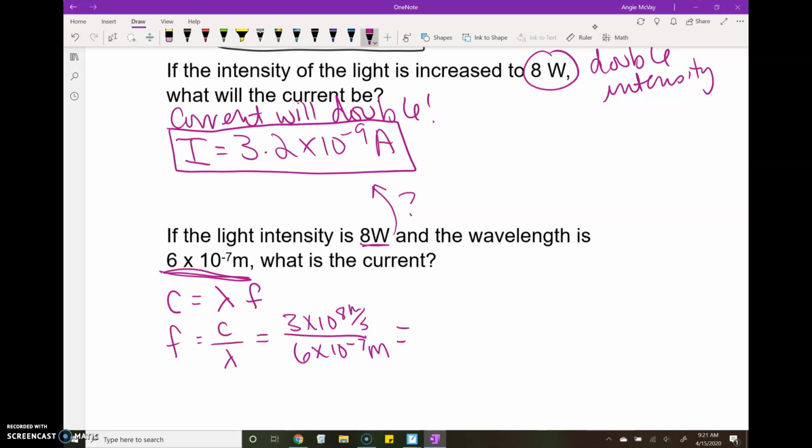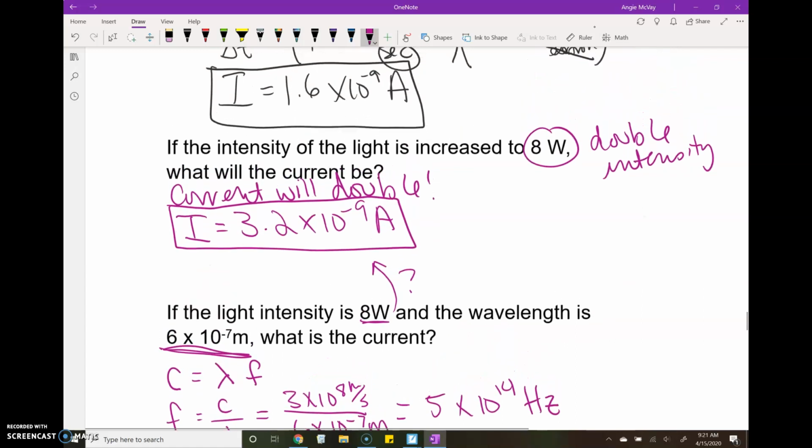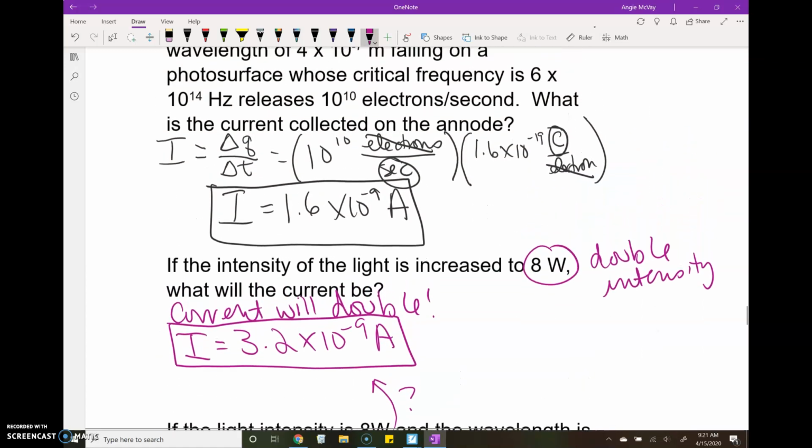And so the frequency is 5 times 10 to the 14 hertz. Okay, so who cares? Well, let's scroll back up here. 5 times 10 to the 14 hertz.